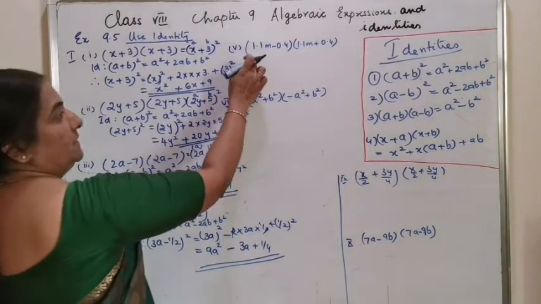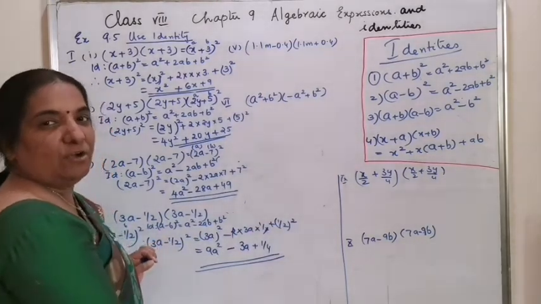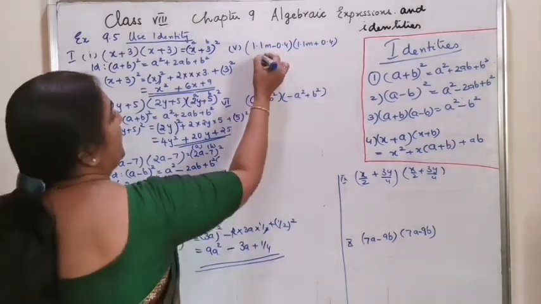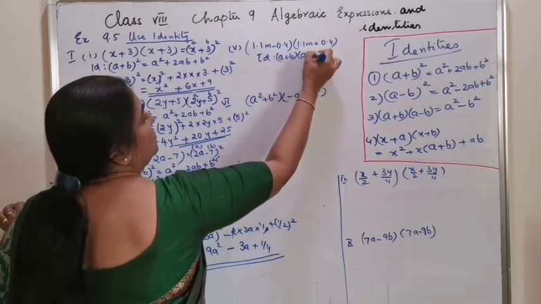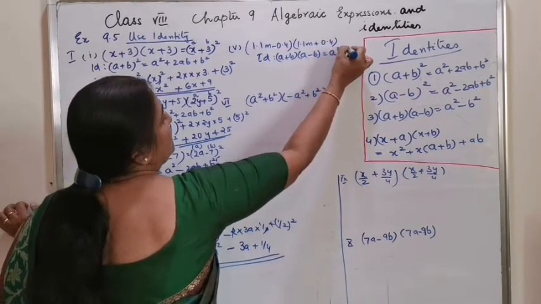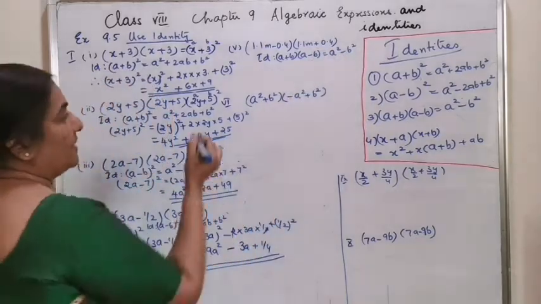The fifth one, the third identity of (a plus b) into (a minus b). The identity is (a plus b) into (a minus b) is the same as a square minus b square.